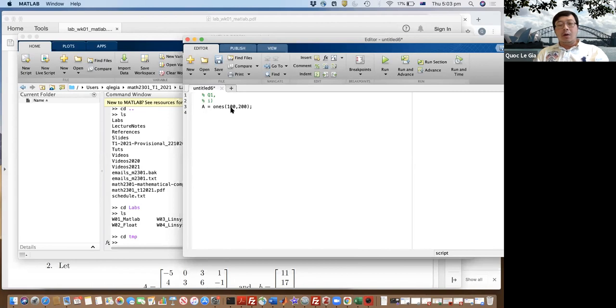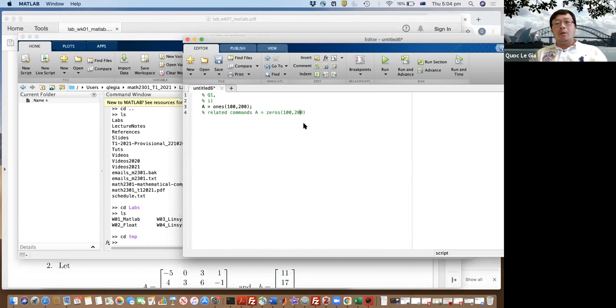Okay, so there are some related commands. A related command is zeros. So if you have A equals zeros, 100, 200, you can guess that this command will give you a matrix of all zeros of the size 100 by 200, okay?